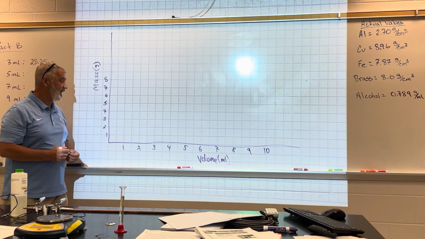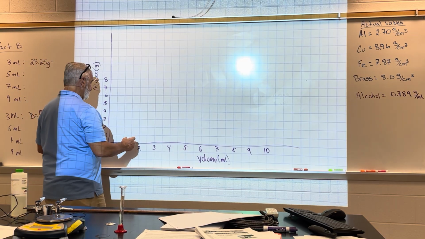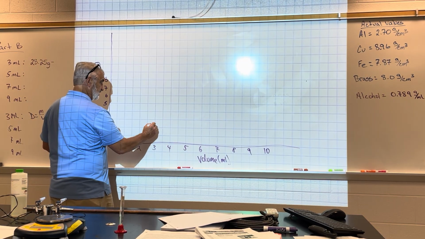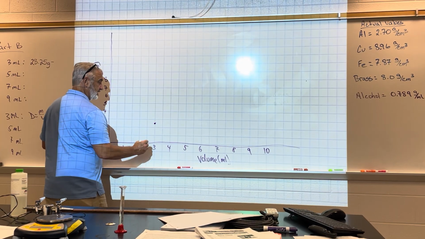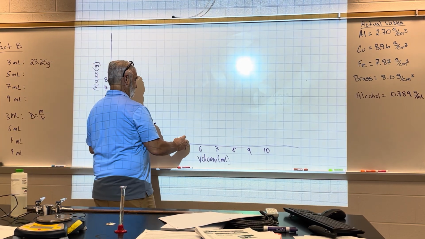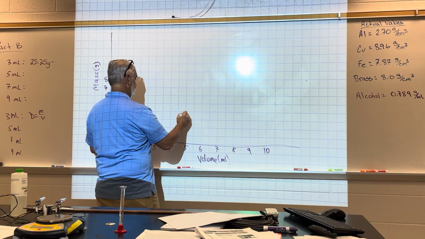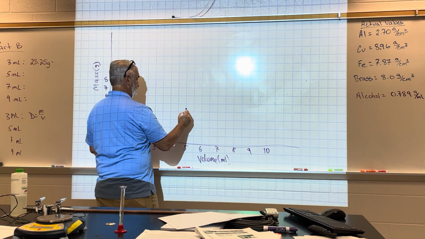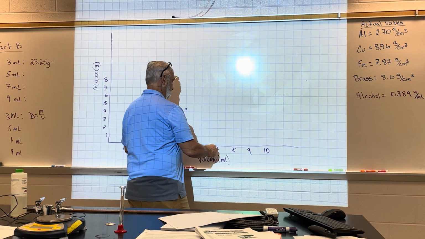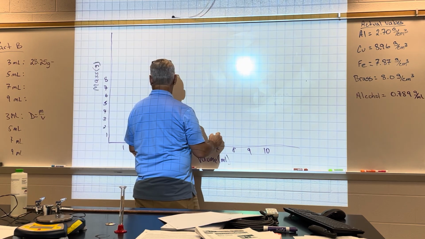Then we're going to draw the line of best fit. So I'm just going to make up some points. 3, 5, 7, 5.6.